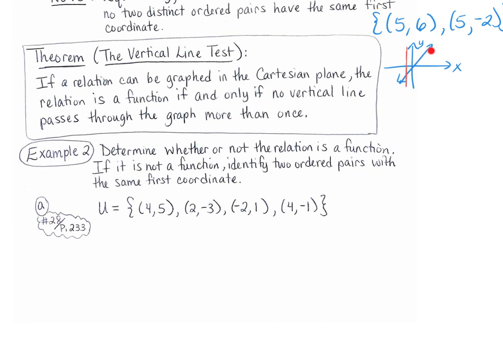Does it pass this blue line more than once? No. I heard yes, I see a lot of no's. No, because it doesn't cross this slanted line more than once. So it passes the vertical line test. So this relation, whatever this line is, would be a function.